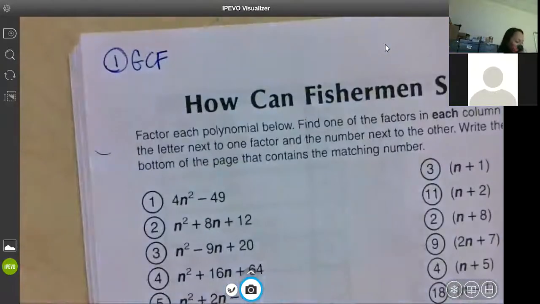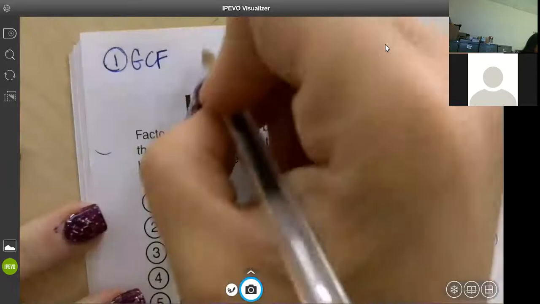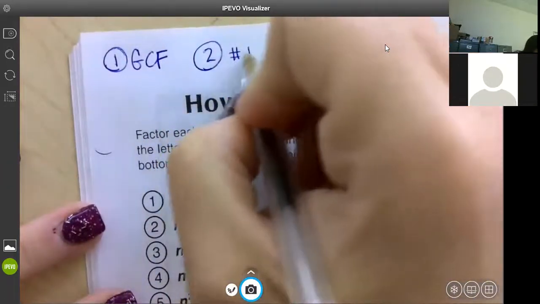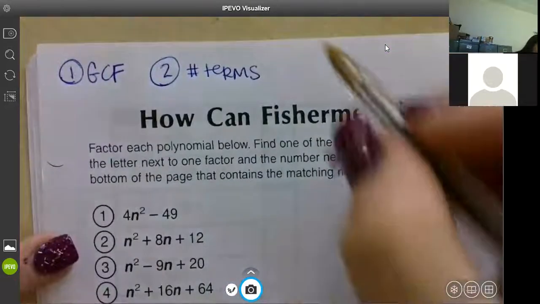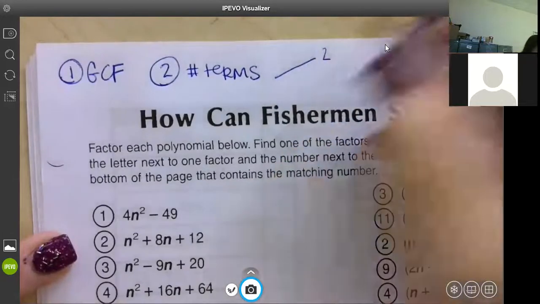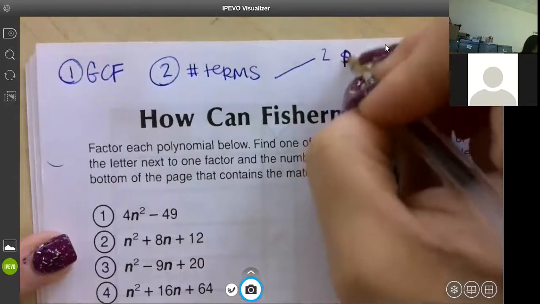Remember that your first step to factoring should always be a GCF. I'm going to go ahead and tell you on this sheet there are not any GCFs, so you don't have to do GCFs. The second thing you need to decide is the number of terms. If it's two terms, sorry, that should be a P, pairs and share.